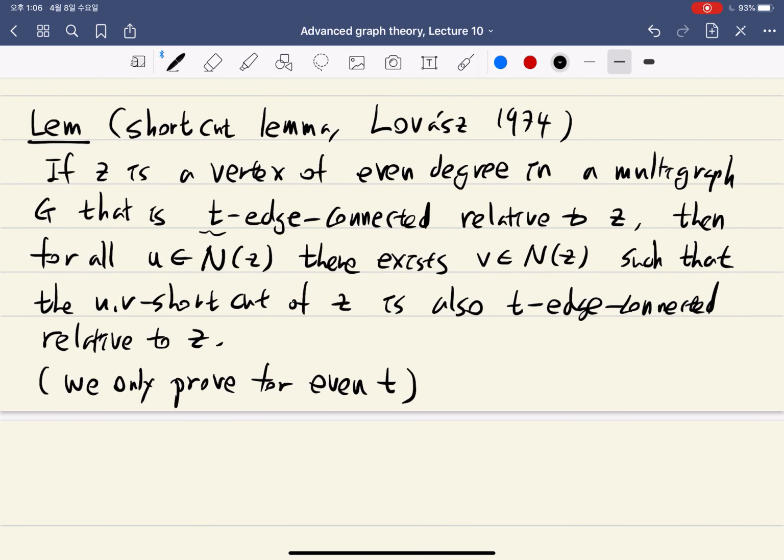So now we want to prove this shortcut lemma. And first, if G has degree 0, then this is vacuously true, trivial. So we can assume that it has positive even degree.